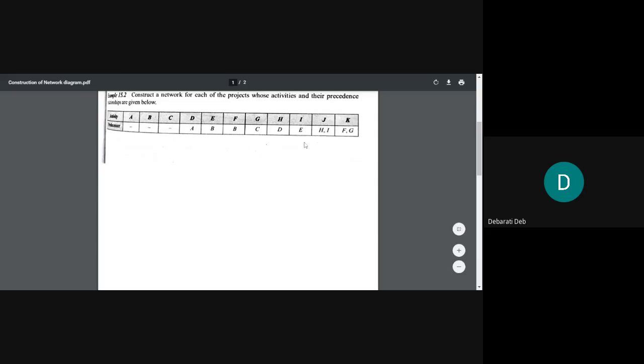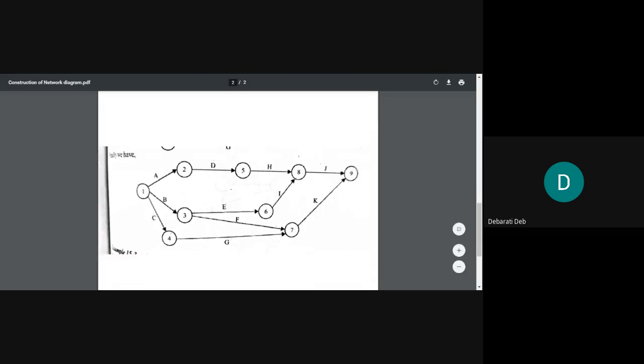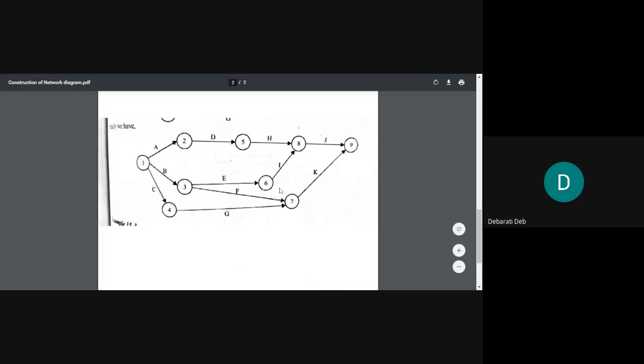Only then can you make the next activity happen, right? So you will realize that we cannot draw I as a straight line. We'll have to make both H and I meet at a single event. So you will wipe off and then draw I in such a fashion that both H and I will meet at a single event.